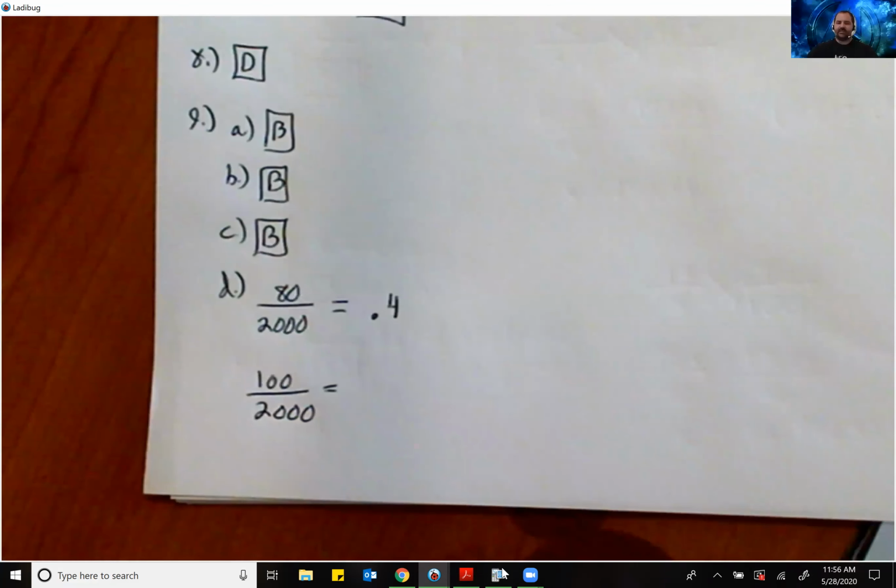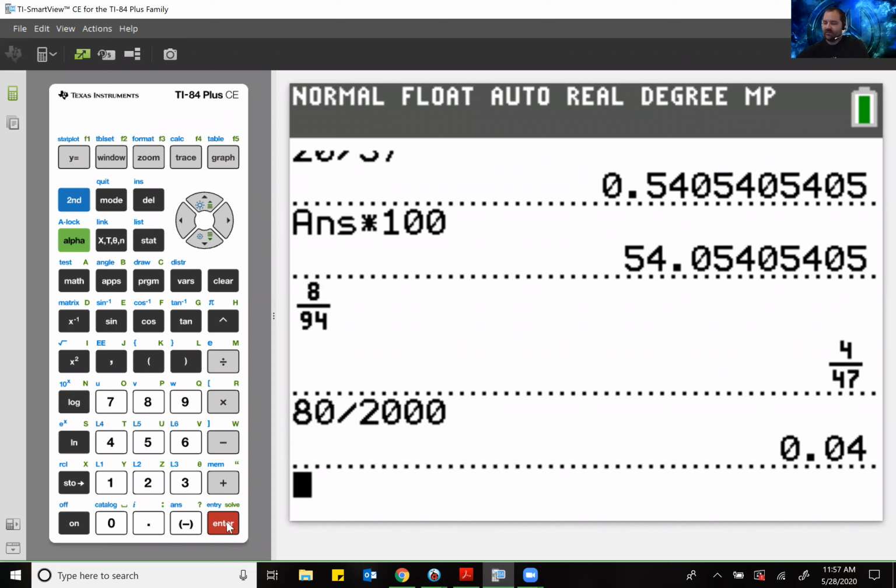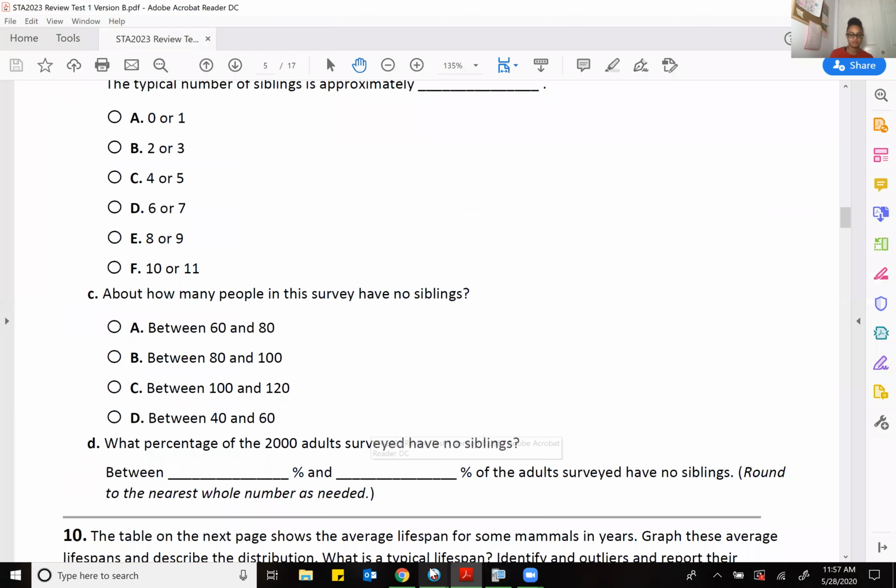Let's double check that. That seems high. 0.04. Sorry. I'm like, that's a little high. Let me double check, make sure. Yeah. Now that makes more sense. And then what's 100 divided by 2,000? 0.05.